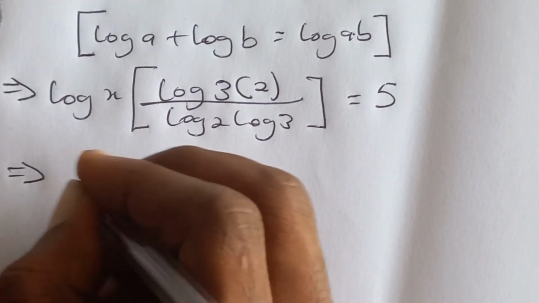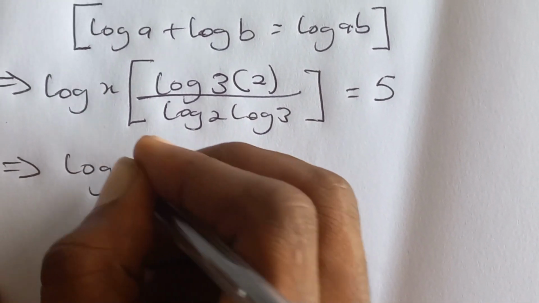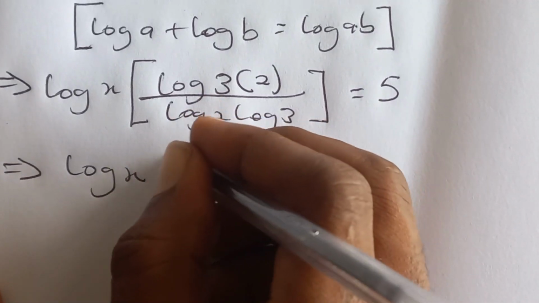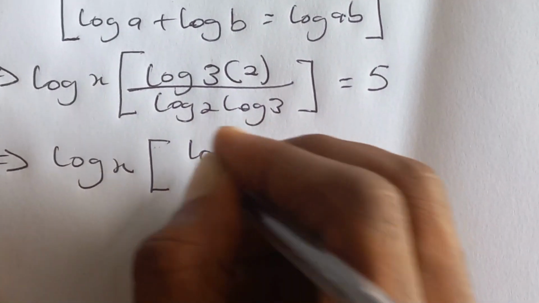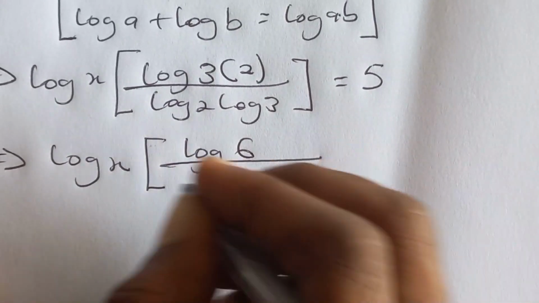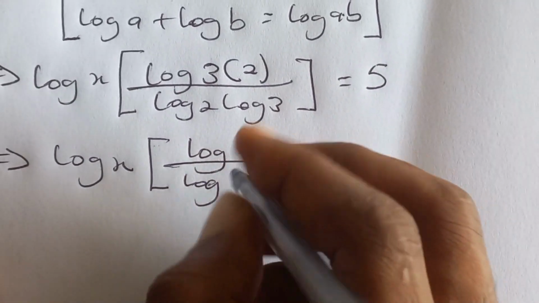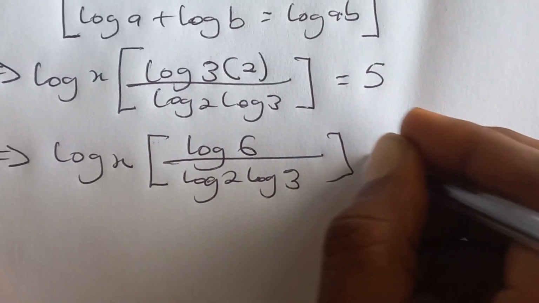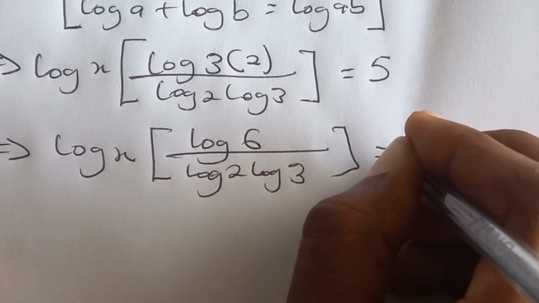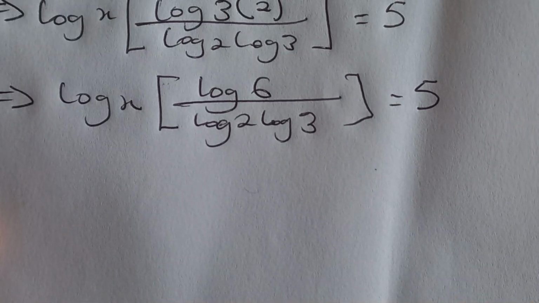To simplify this, we get log x bracket 3 times 2 is 6. We get log 6 on log 2 log 3 is equal to 5. Do you get it?